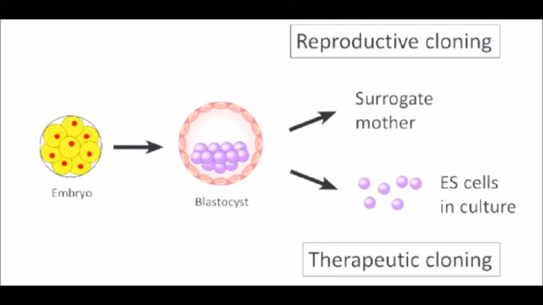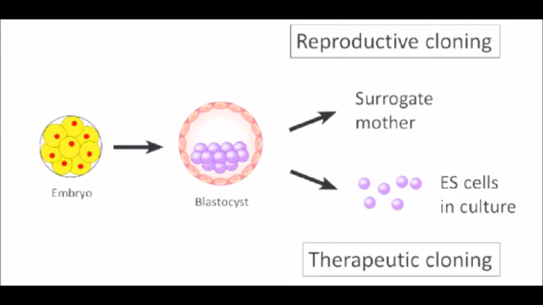Therapeutic cloning is interesting because it is used by scientists to find cures for diseases or to develop new treatments. This therapeutic cloning involves creating a cloned embryo for the sole purpose of producing embryonic stem cells with the same DNA as the donor cell.